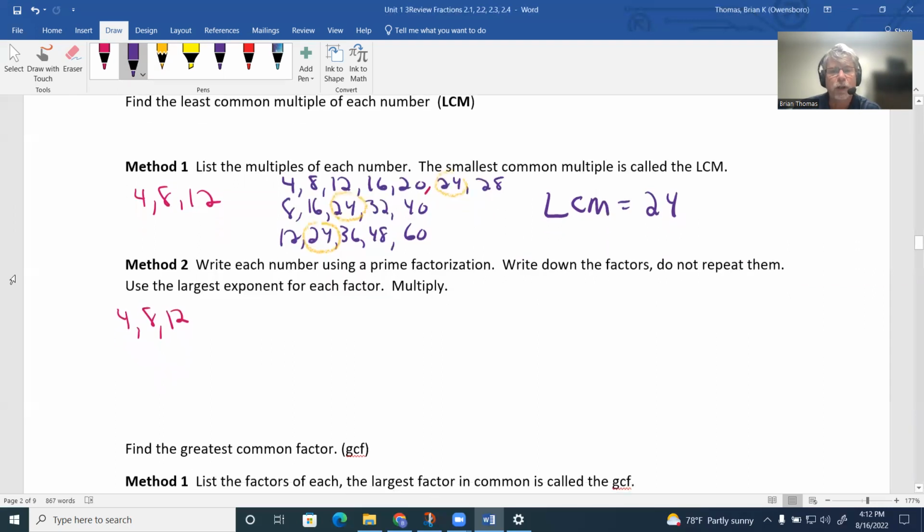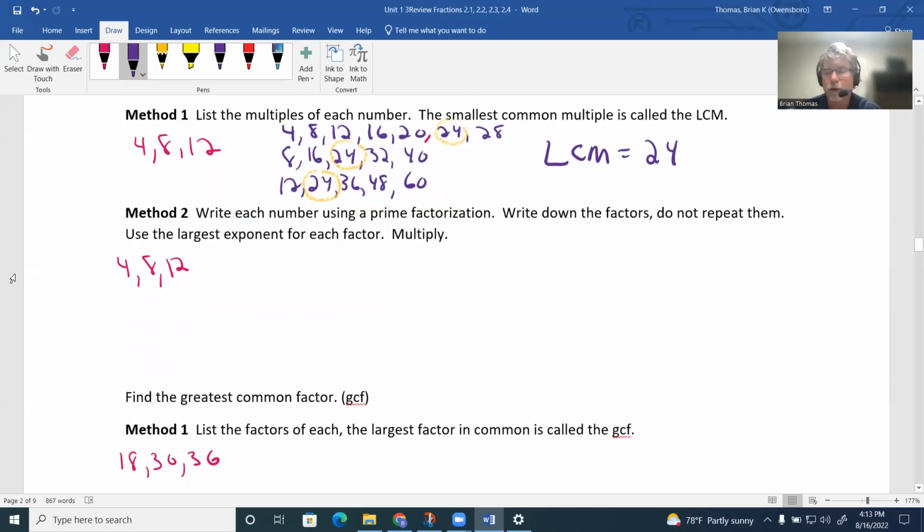A more advanced way of doing it is actually using a prime factorization. So for 4, we don't actually need the chart here. I could probably do this in my head. These numbers are so small.